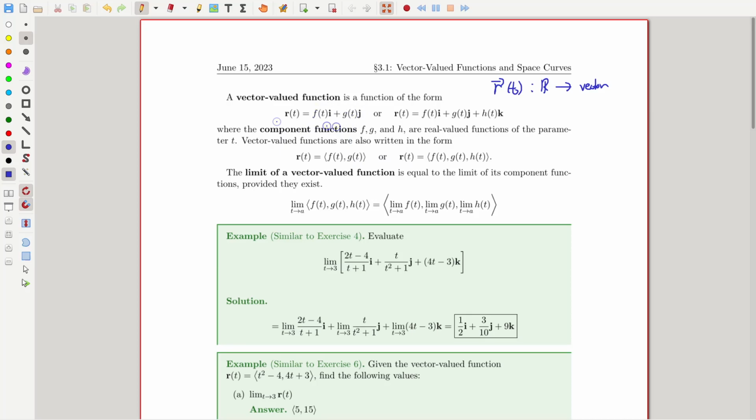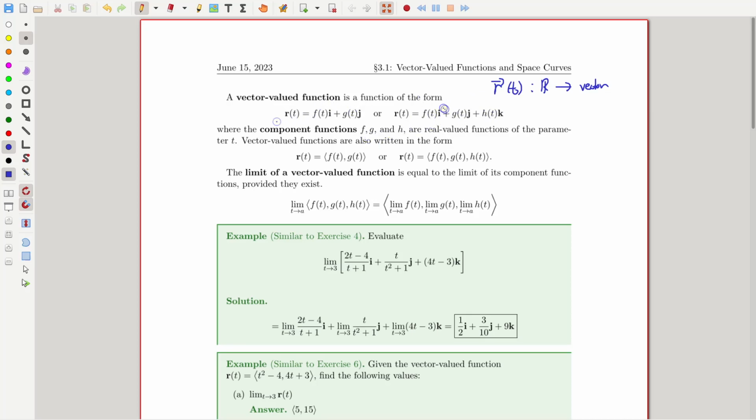So this returns a two-dimensional vector, this returns a three-dimensional vector, or well, a vector living in 3-space, a vector living in 2-space. It's a bit wrong to say that vectors have a dimension, I think, although it makes sense what I mean by that. We also call the parts that make up the vector-valued function the component functions.